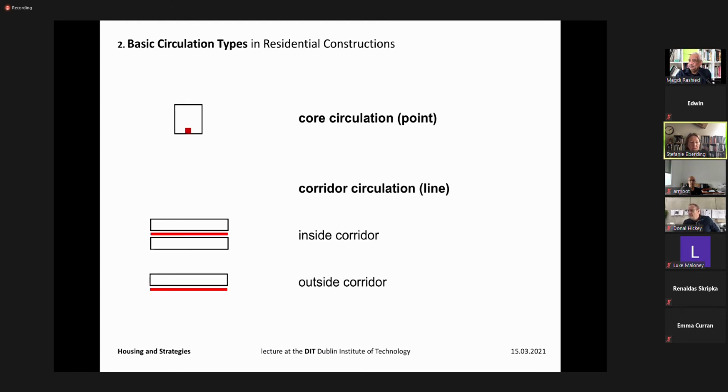That means that the vertical circulation, we call it a Spanner-type. I don't think there's a special word in English. I call it core circulation. It's like the staircase and then you come to the residential units.